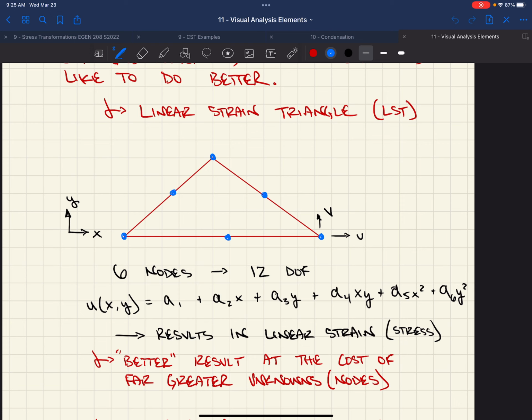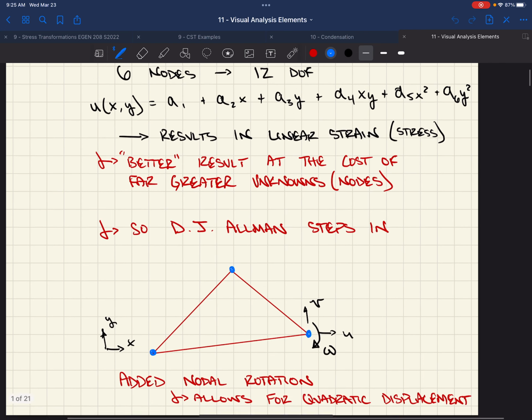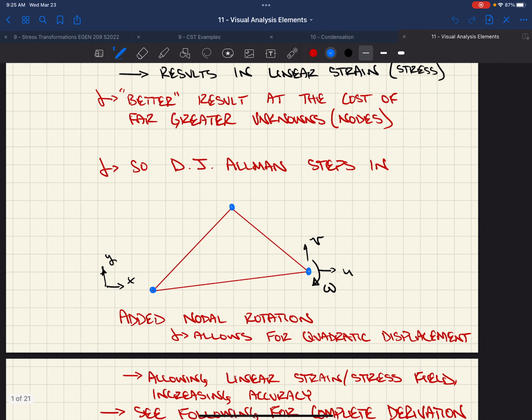So now you've got way, way, way more degrees of freedom, way more computational requirements. So yeah, you get better performance, but it's going to take you a lot longer to actually run it, right? So that's a bummer. So you get better results at the cost of far greater unknowns, nodes. So this is when DJ Ullmann steps in, okay?